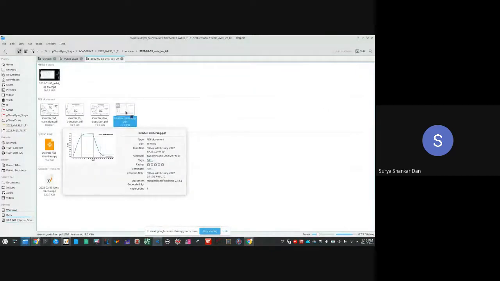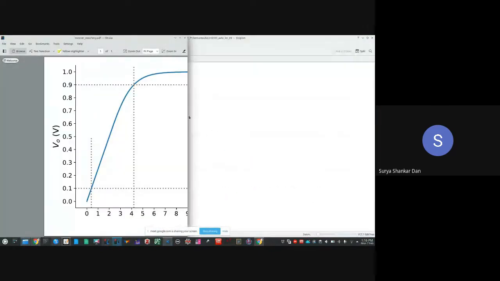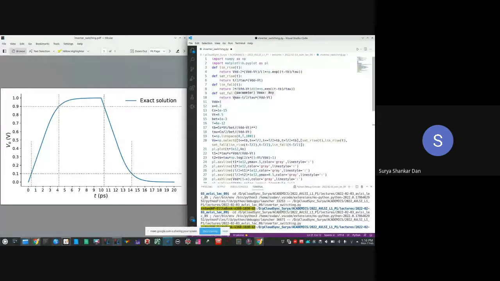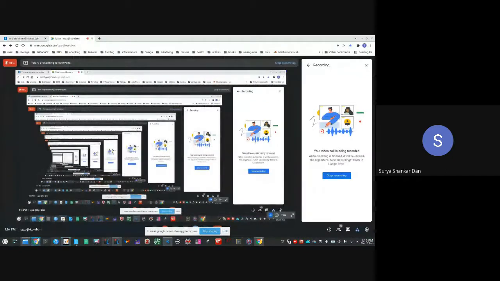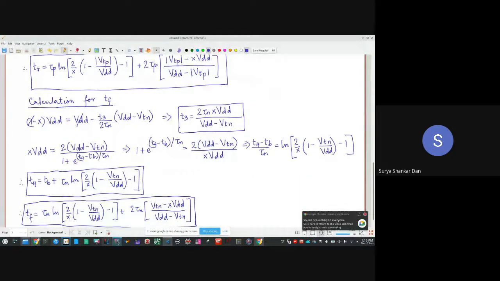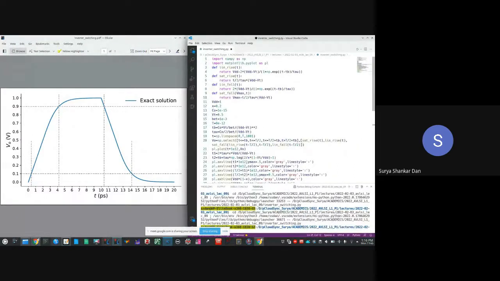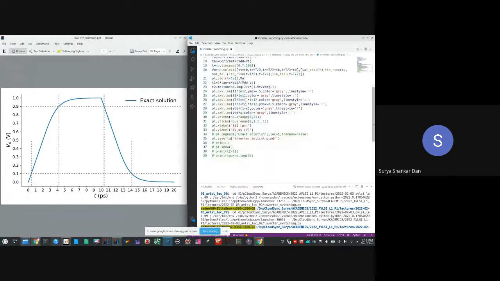Inverter switching. So here I have written down those equations. I hope you can see this. Here, what I'm showing you is this.